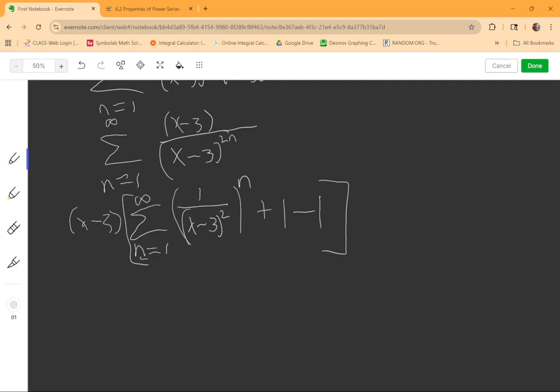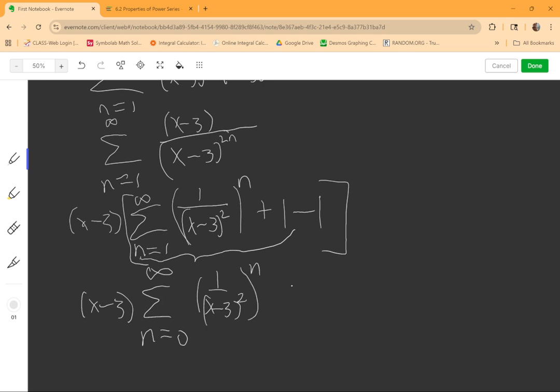Now this part becomes my new series, x minus 3, now it starts at 0 to infinity of 1 over x minus 3 squared to the n, and then minus 1.